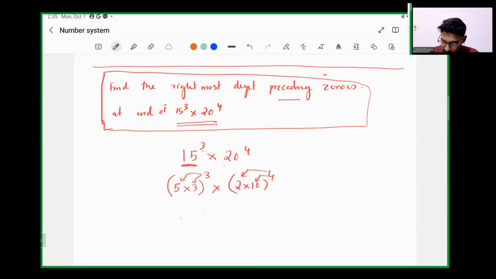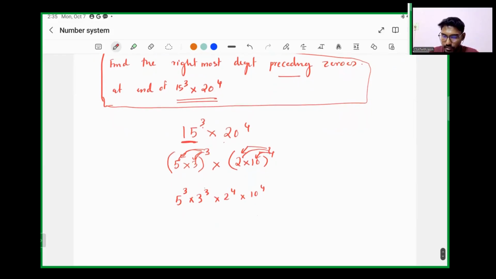Now I am rearranging this. This will become 5 cube into 3 cube because there are 3 5s and 3 3s. Here there are 4 2s, so it is 2 raised to 4. And there are 4 10s, so it is 10 raised to 4. Now you know that 10 raised to 4 will give 4 zeros at the end. Now here you have 3 5s and 4 2s.